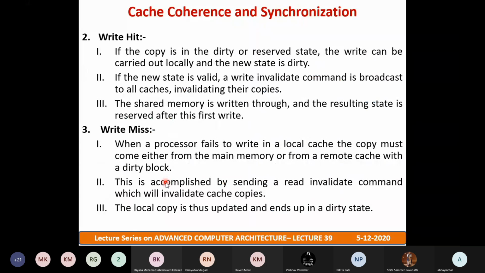Then write hit. If the copy is in the dirty state or reserved state, the write can be carried out locally. New state is dirty.